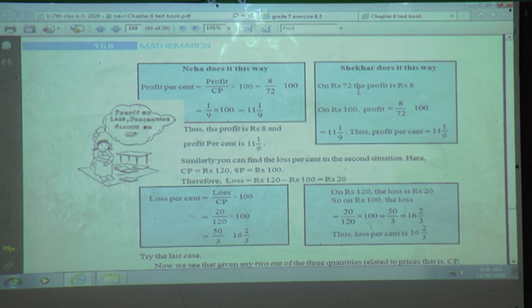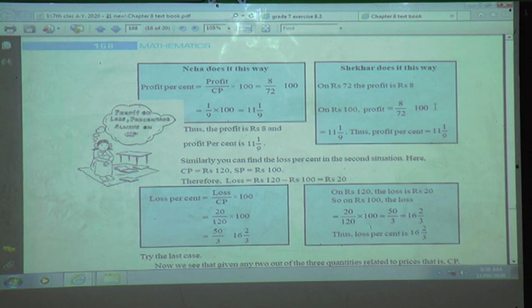Now we will see how Shekhar does it in his way. On rupees 72 the profit is rupees 8, because we had already calculated it. So if on 72 it is 8, then what will it be on 100? It will be 8 upon 72 multiplied by 100, because we find the profit out of 100.